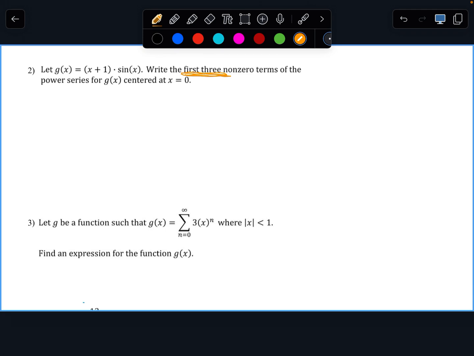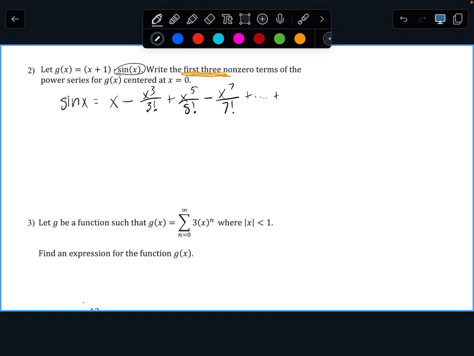So I'll show you my strategy for it. I'll write out sine because that's one I know. So sine of x equals x minus x cubed over 3 factorial plus x to the 5th over 5 factorial. You know, blah, blah, blah.